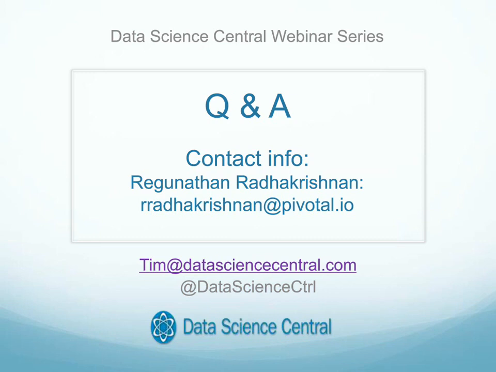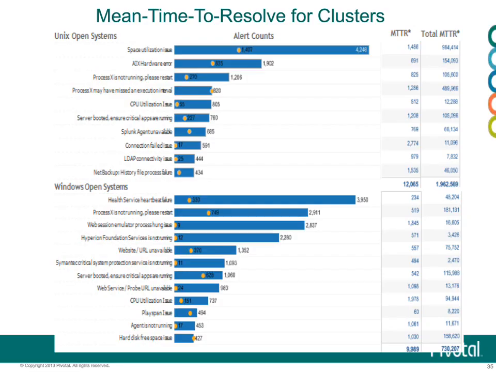For example, let's go to slide 35, where I'm creating a visualization of the top 20 issues that we identified as clusters, and then we were able to compute the mean time to resolve for each of those issues. For example, the first issue says there's a space utilization issue in many of the servers, and that issue takes most of the time to resolve.